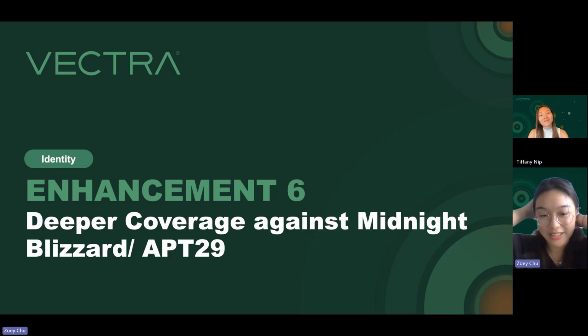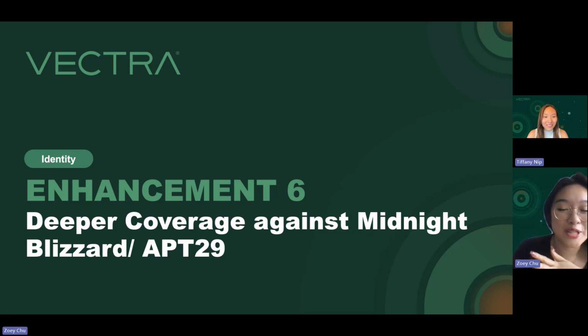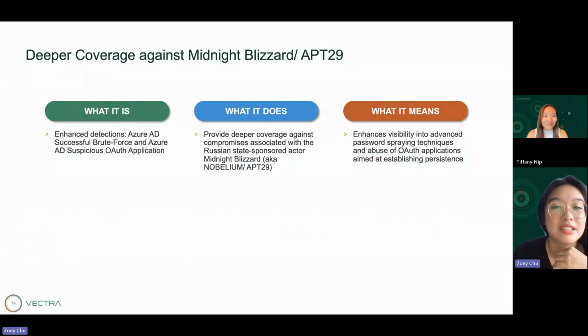Yeah, exactly. So we're gonna dip into identity now. So I'm gonna switch here, pivot here, and ask you, Tiff, what this deeper coverage against Midnight Blizzard enhancement is. Sure. So we all know that Midnight Blizzard, or APT29, is all over. What we have enhanced is two detections. First one is the Azure AD successful brute force.